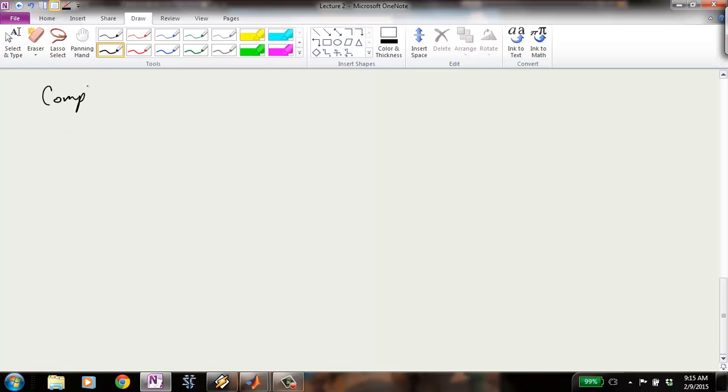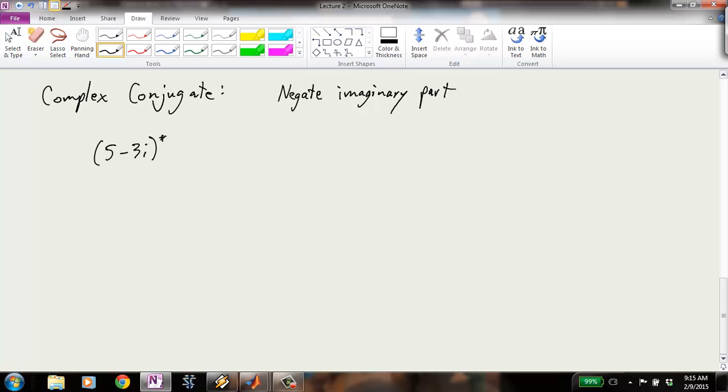Complex conjugate. The complex conjugate is very easy to understand. You just negate the imaginary part. We usually use a star to denote the complex conjugate of a number. For example, if this is your number, the complex conjugate is just going to be 5 plus 3i rather than 5 minus 3i.